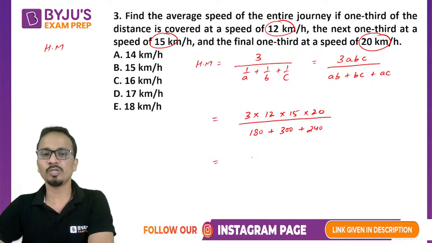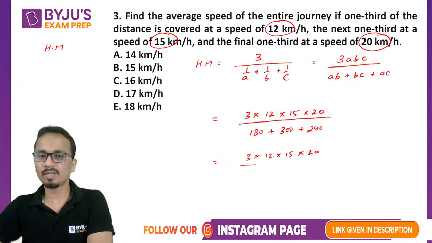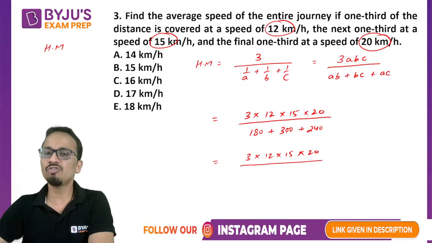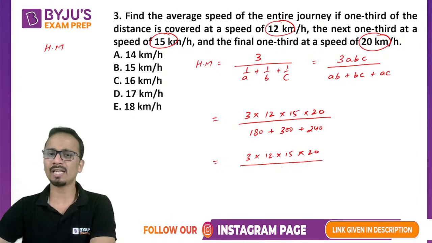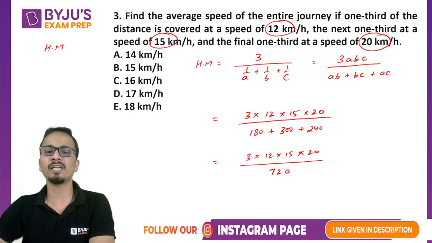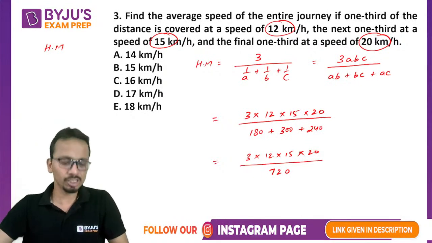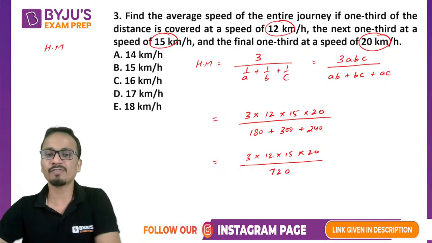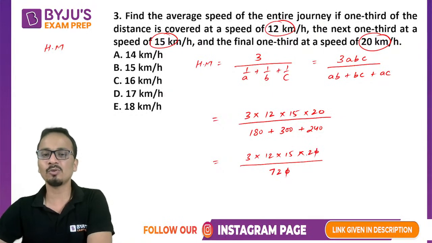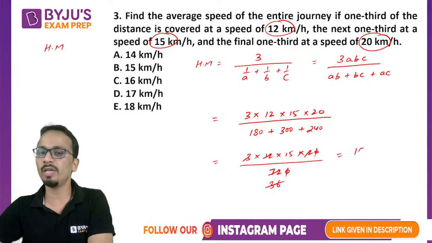So it will become 3 times 12 into 15 into 20 whole divided by 180, 300 and 240. You have to add these, so that will become 720. Now you can do the calculations. It's a very easy basic set of calculations. 0 and 0 cancel. Then 2 and 36. 12 into 3 is 36. The final answer will be 15.